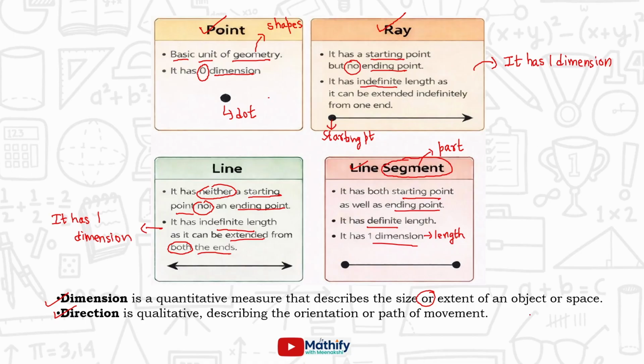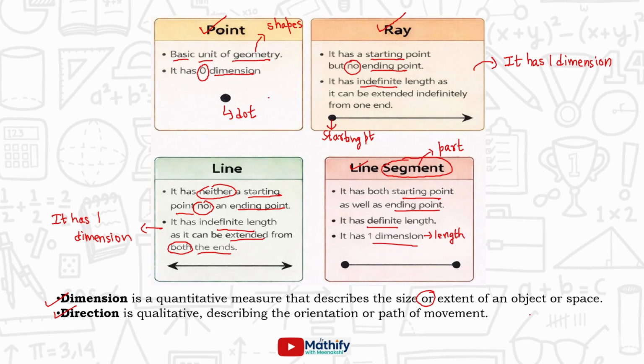Like you know that line is 1D, line segment is 1D, ray is 1D, but when we talk about a plane, that's 2D, and similarly when we talk about objects, that's 3D. So that's what dimension means. But direction is qualitative, describing the orientation or path of movement, like north, east, south or west.